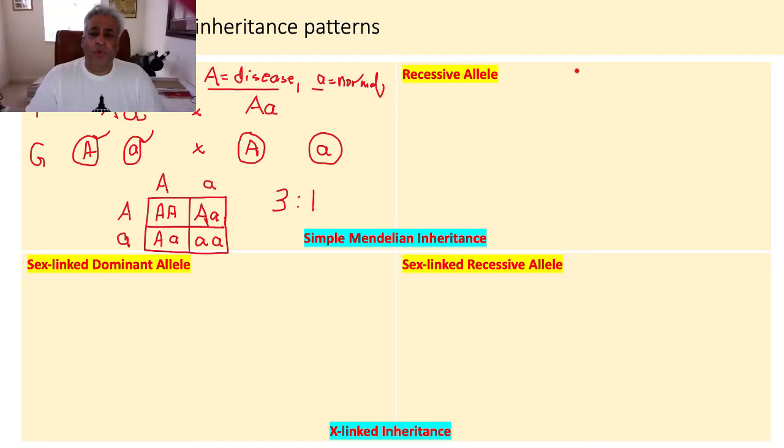If we now perform a similar type of genetic cross, this time with a recessive condition, where the small a is the diseased allele and the big A is normal. So big A allele equals normal, and the small a would be, in this case, afflicted, i.e. diseased.